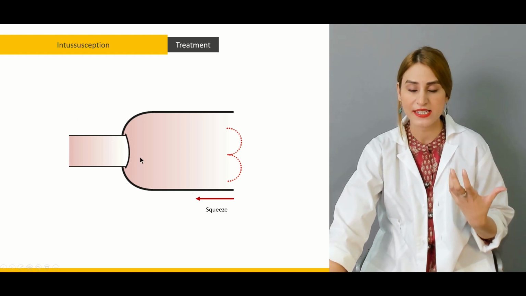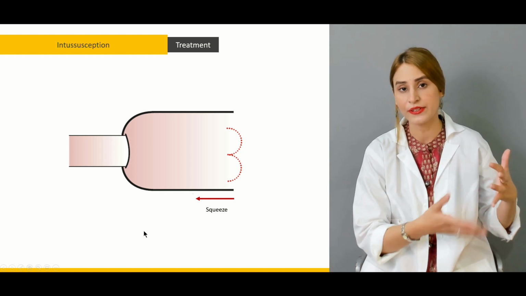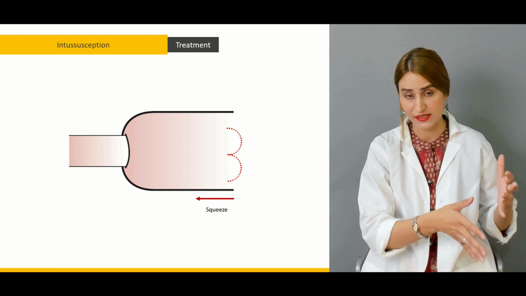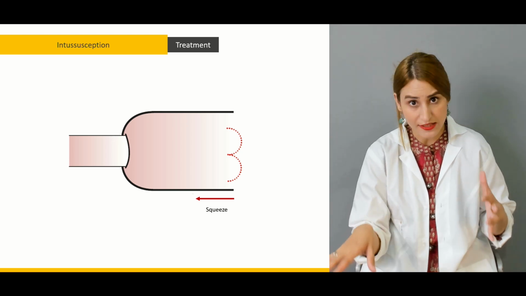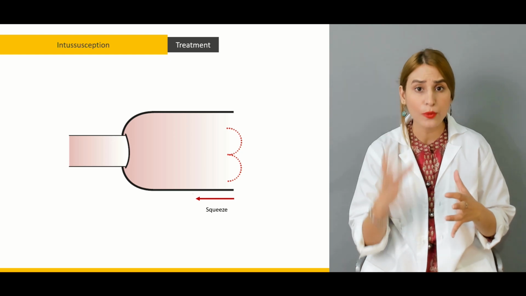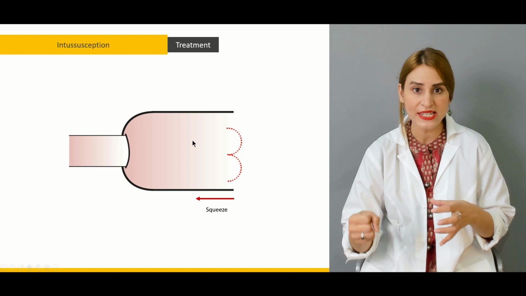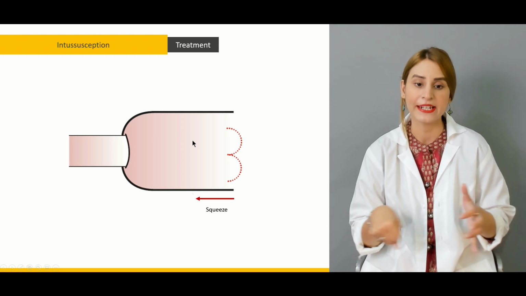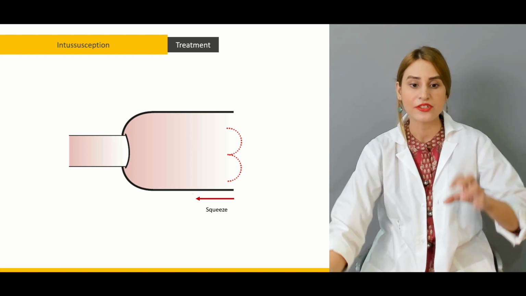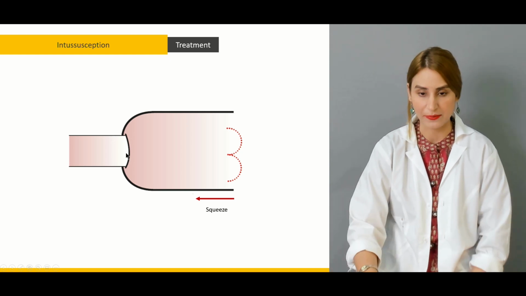This is the proximal segment, this is the distal segment. Most of the time, as I told you, it's the proximal segment which goes into the distal segment of the intestine. So you squeeze the distal segment, and by squeezing it, you actually try to push back the proximal segment.